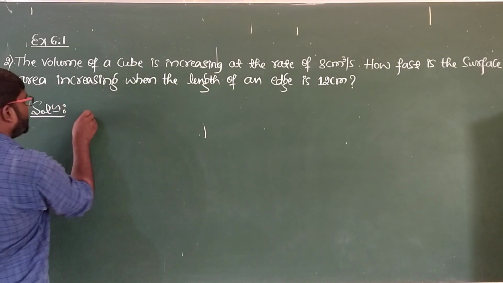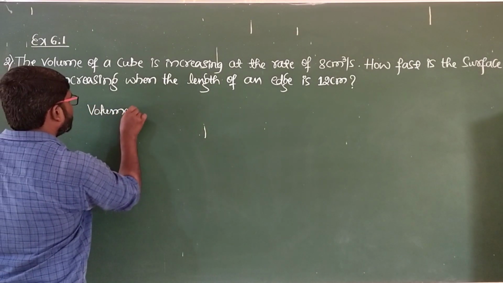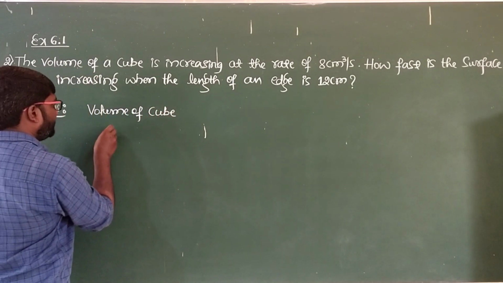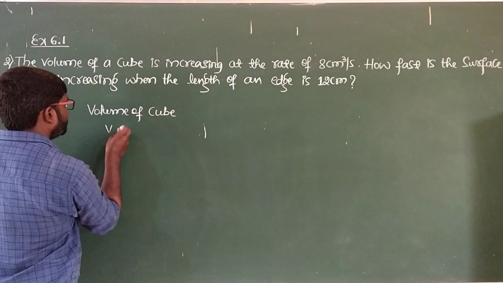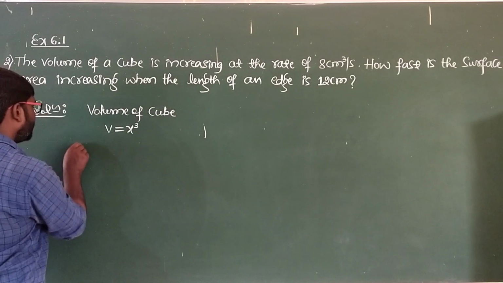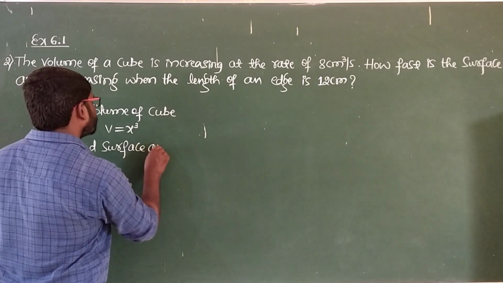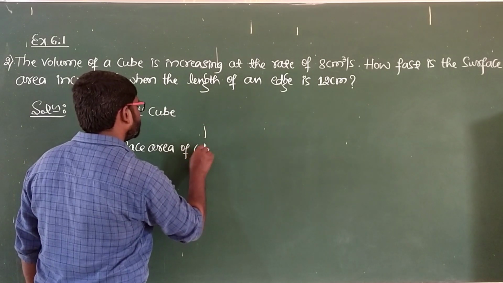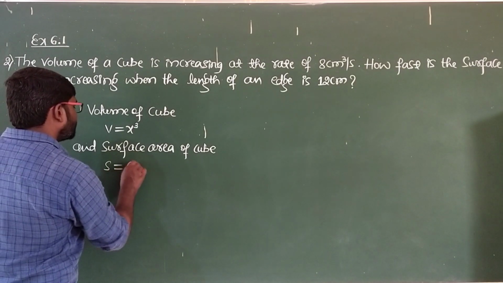So here V, volume of cube, V equals x cube, and surface area of cube, S equals 6x square.